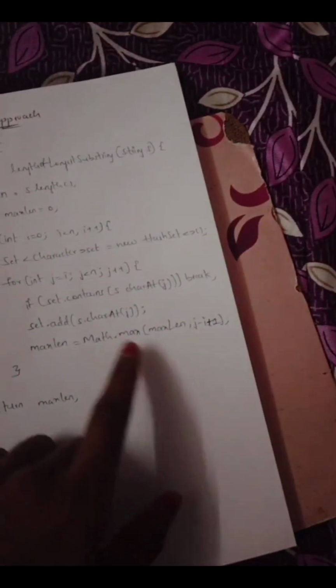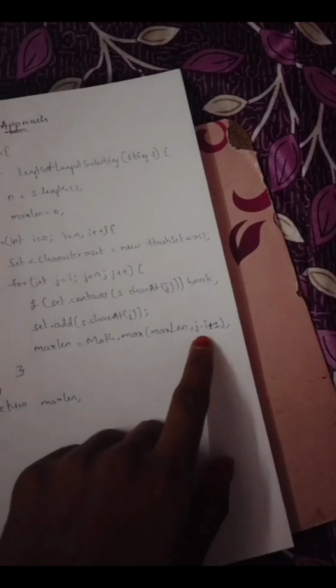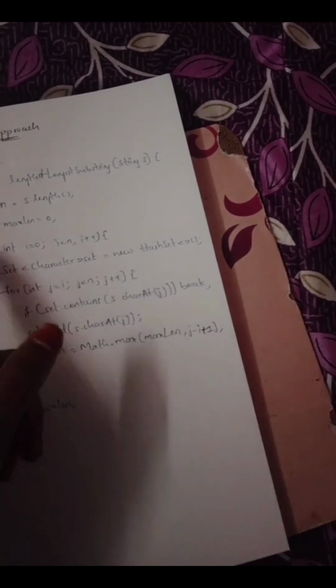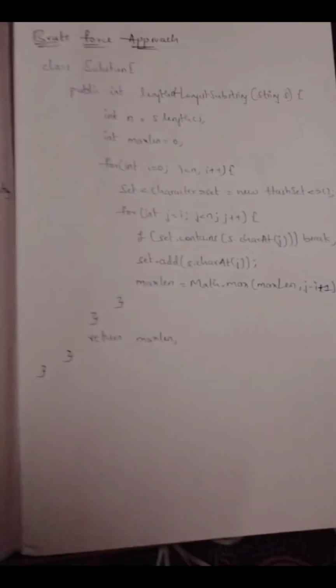Here j minus i plus 1 gives the substring length. j is the ending index, i is the starting index, and plus 1 is because indexing starts with 0, right? So we need to add plus 1. At the end we are returning the maximum length.